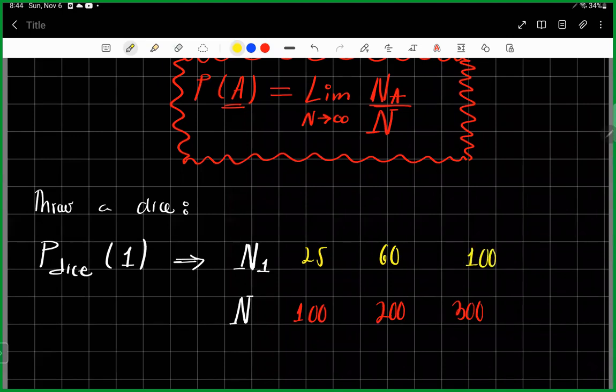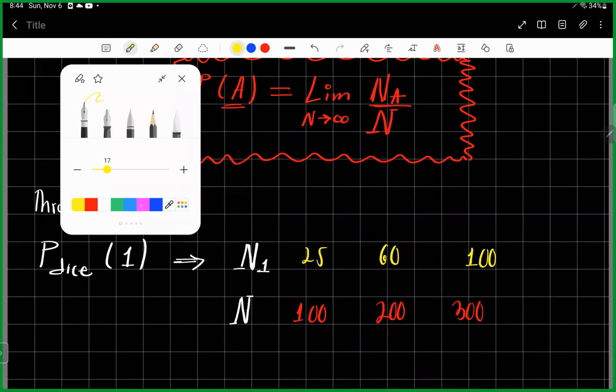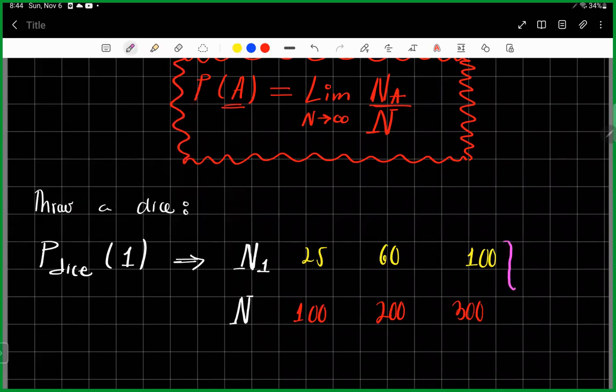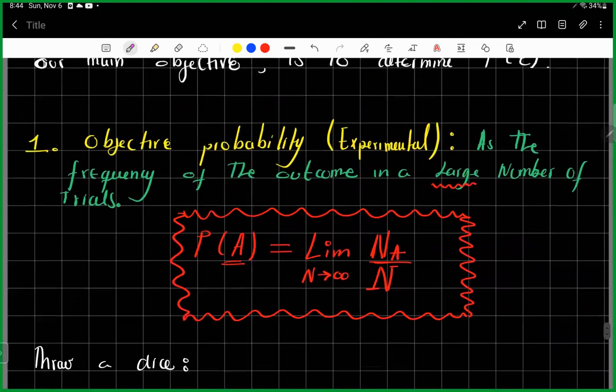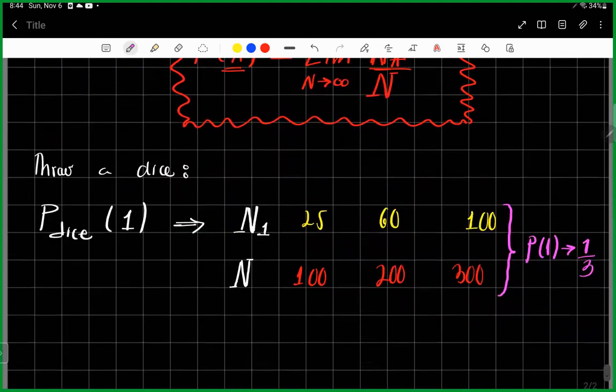From here, what I can easily conclude is that as n tends to infinity, the probability of a one tends to 1/3. This is how I would construct a probability distribution objectively from experimental data.